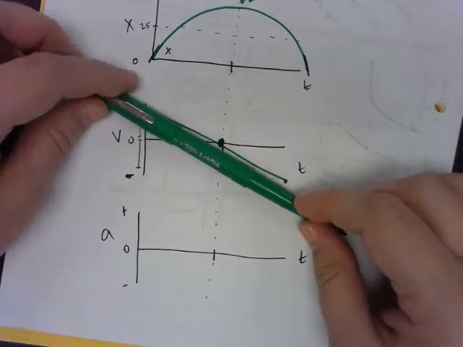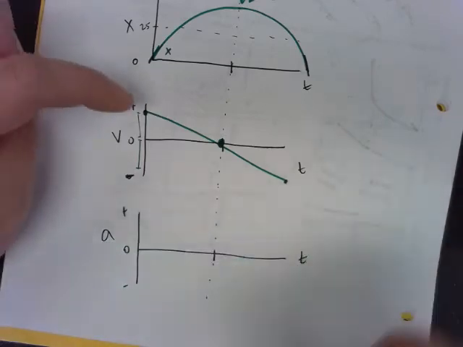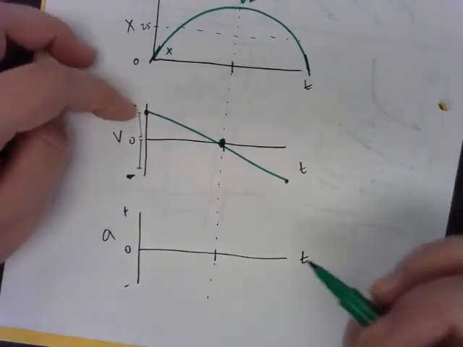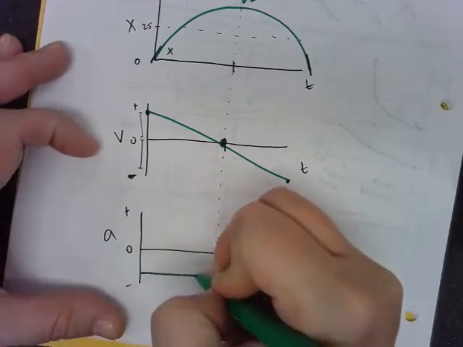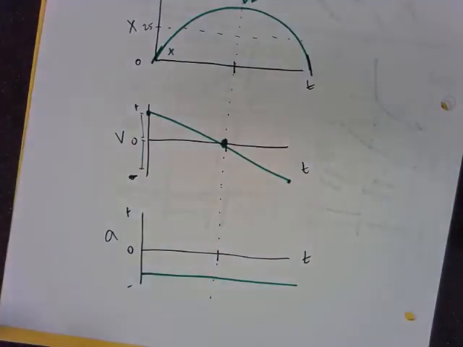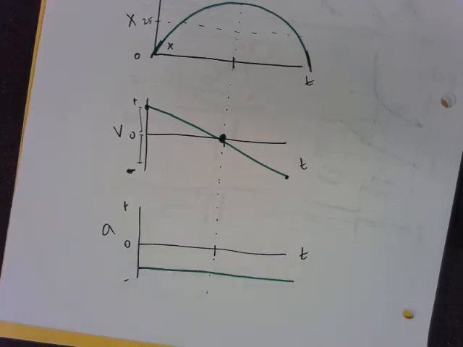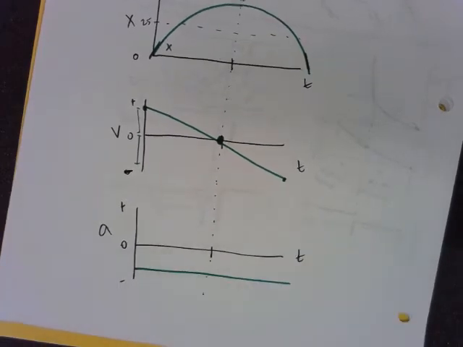Negative, yeah. So we've got a constant negative slope here. So when we go to our acceleration graph, we're going to just draw a straight line somewhere in the negative half of our graph. We don't have values for this one. So now we have a constant acceleration down there. What questions do you guys have about number 4?